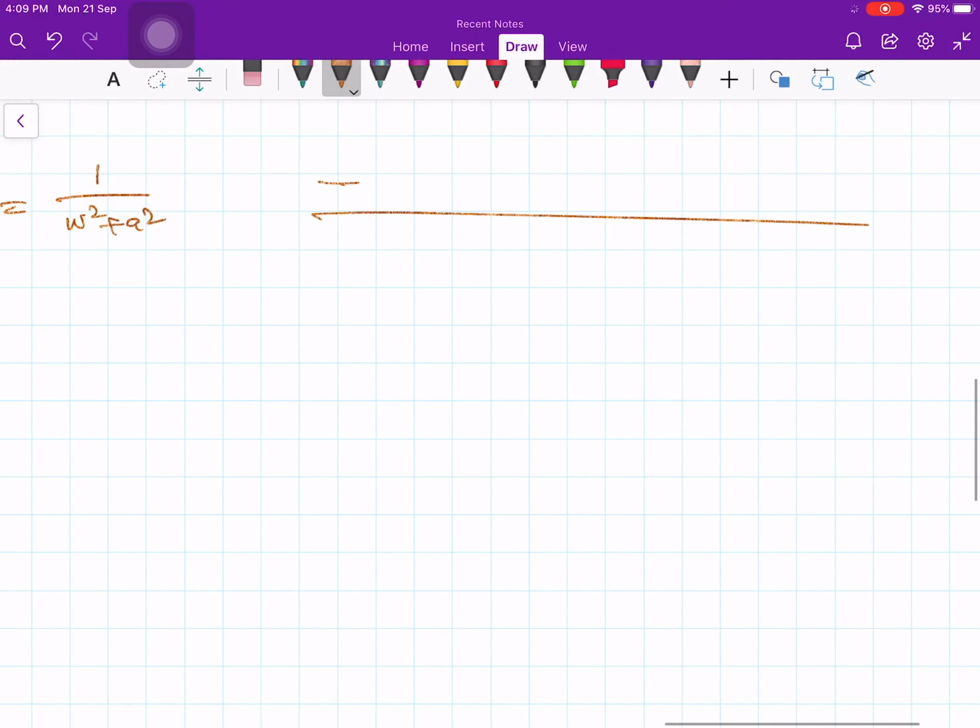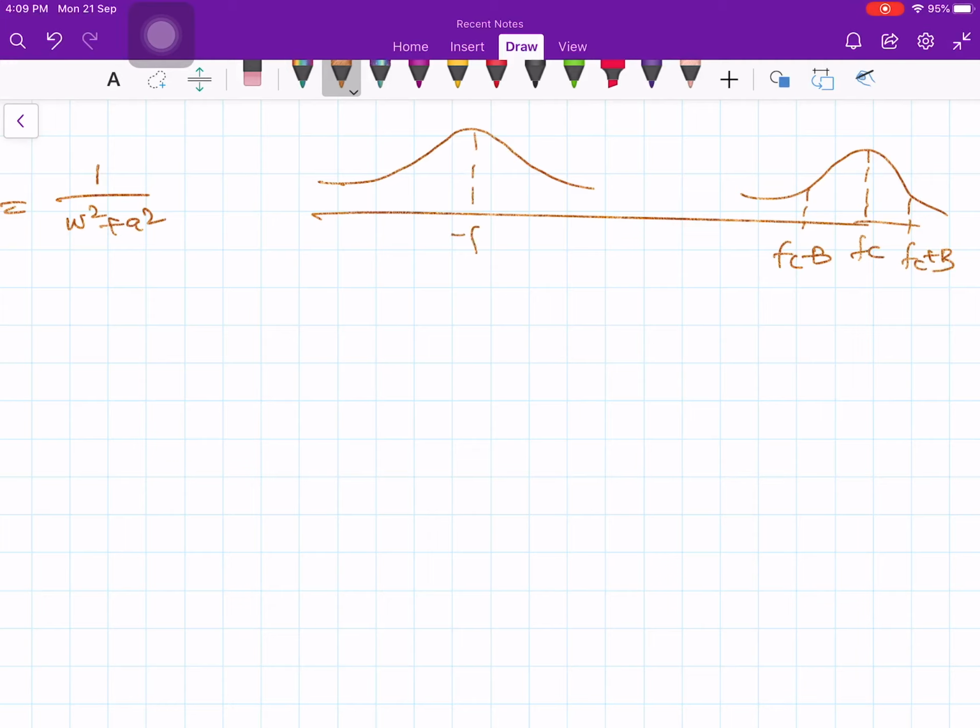Okay, so therefore noise power n naught, it looks like this. This is Fc, and this point is Fc minus B. This point is Fc plus B, and this point is minus Fc. This is minus Fc plus B, and this point is minus Fc minus B. So I need to integrate from this point to this point, and from this point to this point.